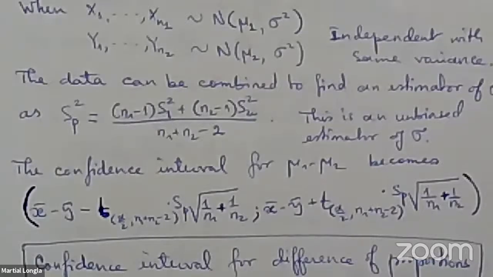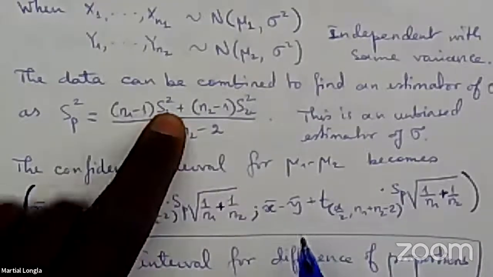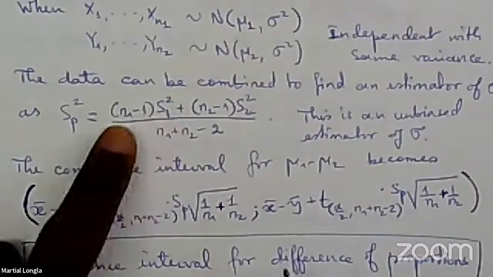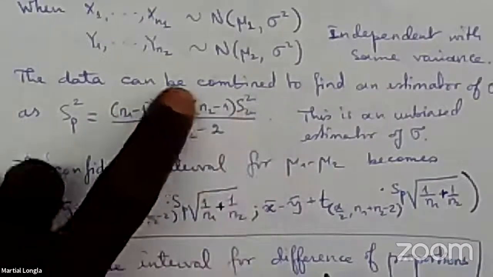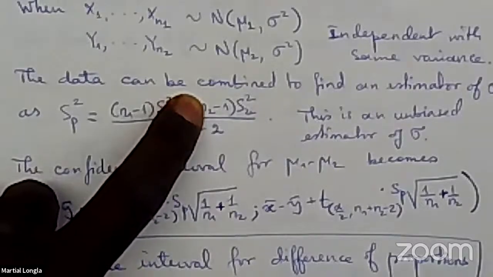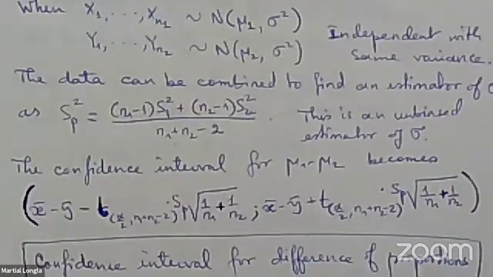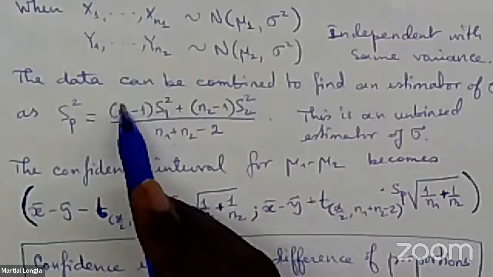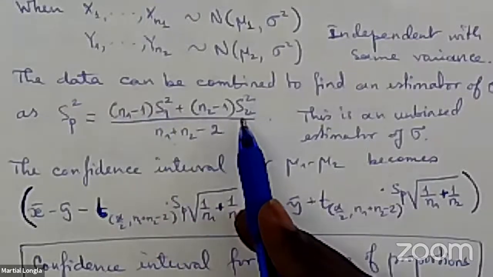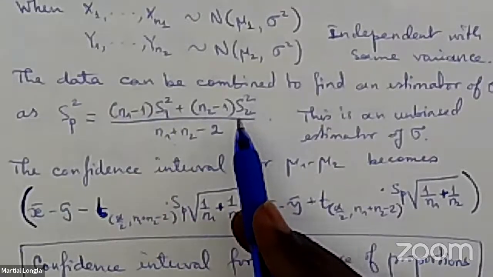And you ask yourself, why this? Because in S1 squared, you have divided by n1 minus 1. In S2 squared, you have divided by n2 minus 1. So when you multiply back here, you're actually canceling the effect of that division. And the top becomes just the sum of xi minus x bar squared for everything.